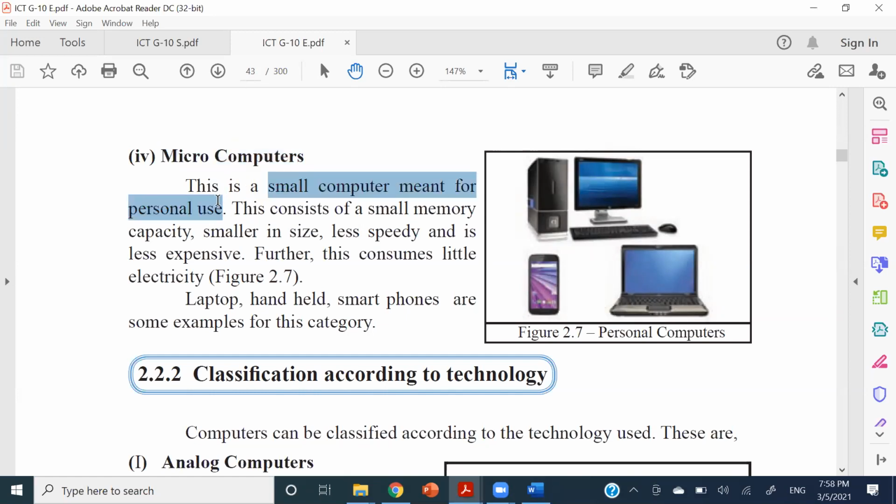So the first point, small computers meant for personal use.